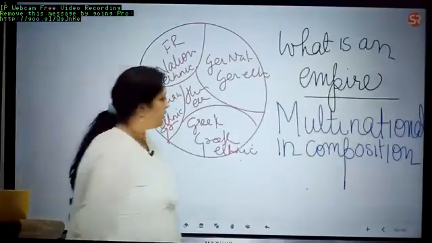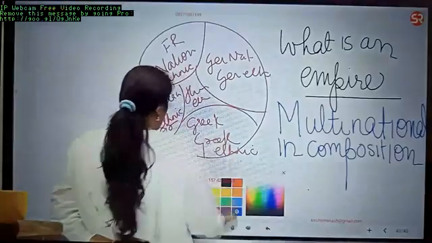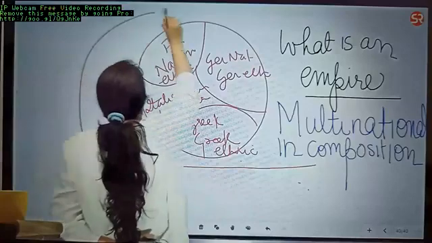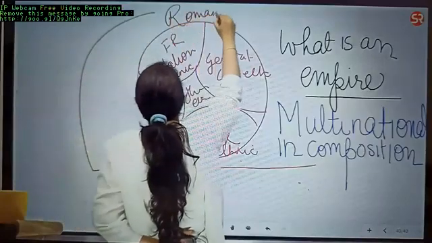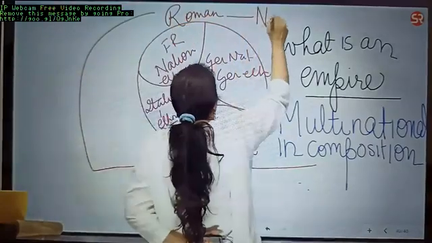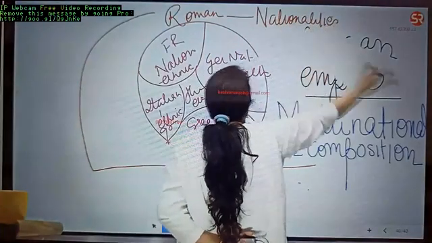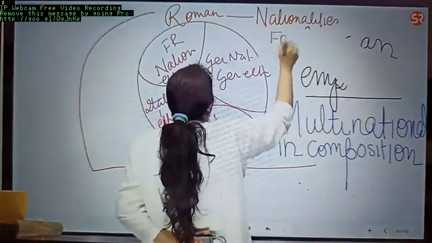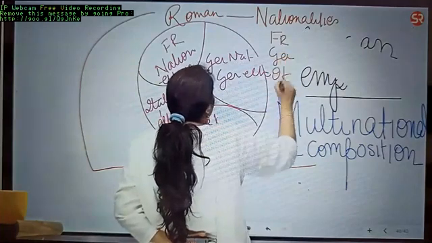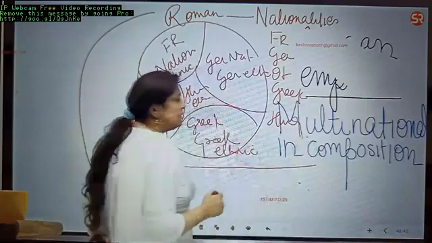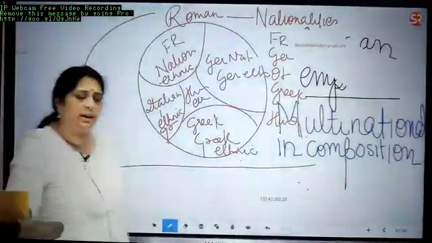If you see the Roman Empire, which nationalities were living? French, Germans, Italians, Greeks, Hungarians. So what is an empire?